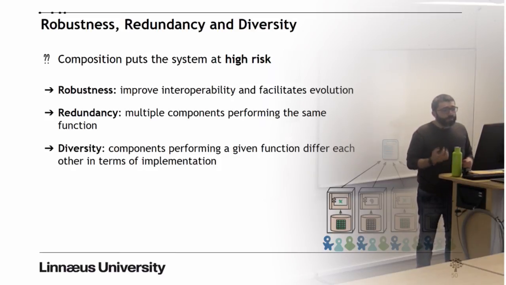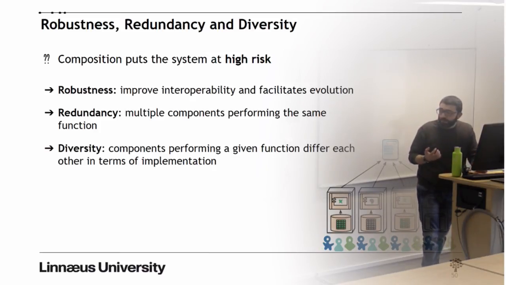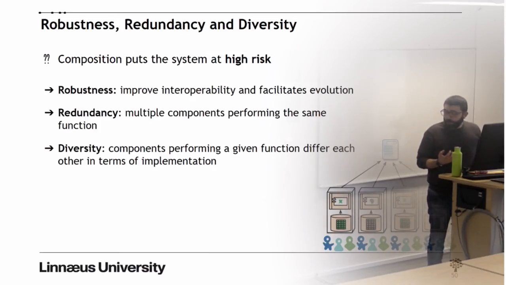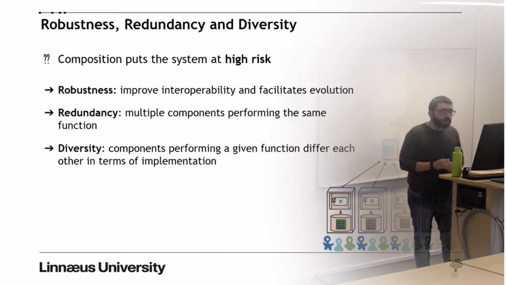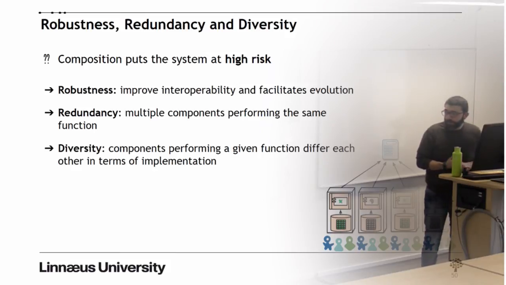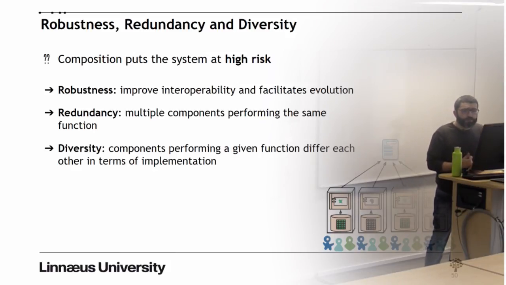But if we diversify the implementation of this microservice, it's very difficult, if not impossible, for different teams to make the same error when implementing a given functionality. That's very important.